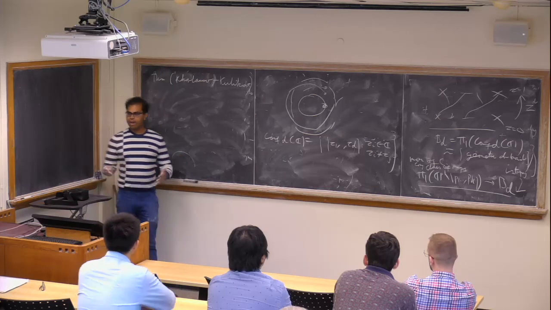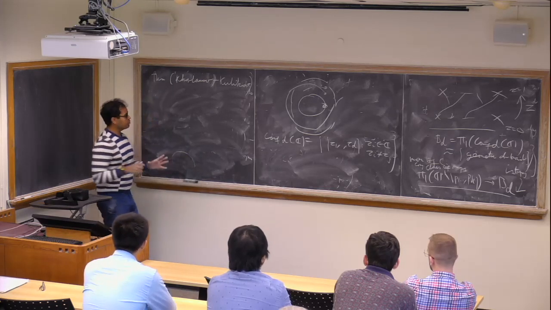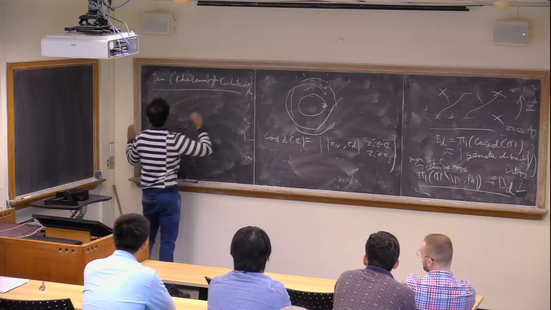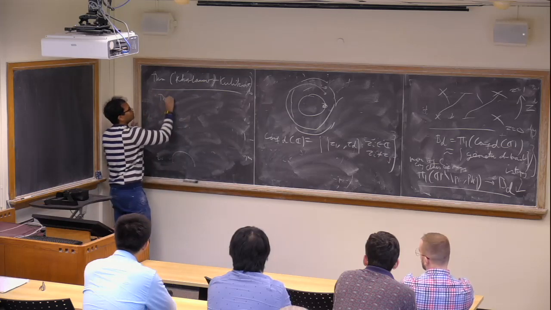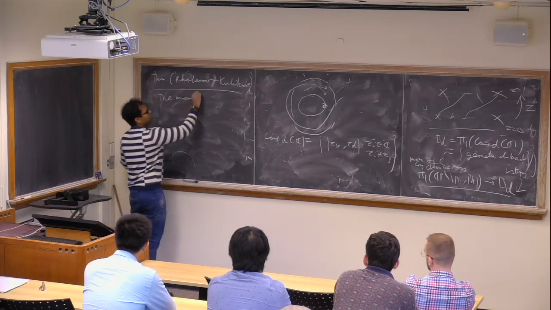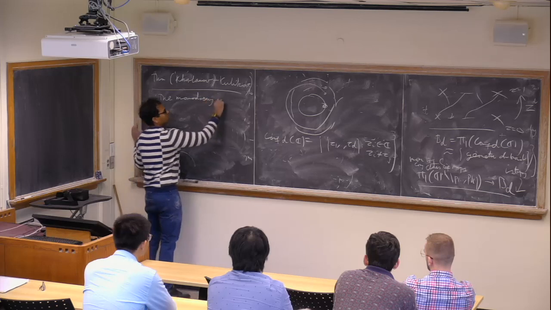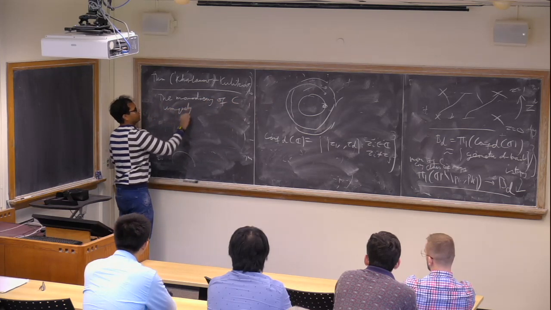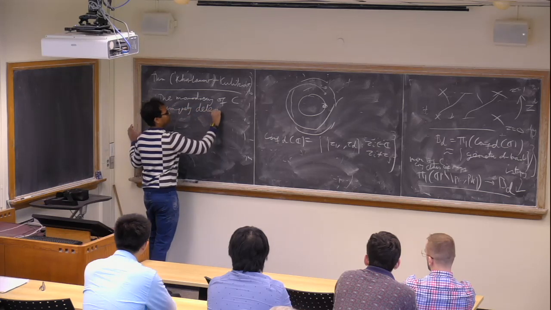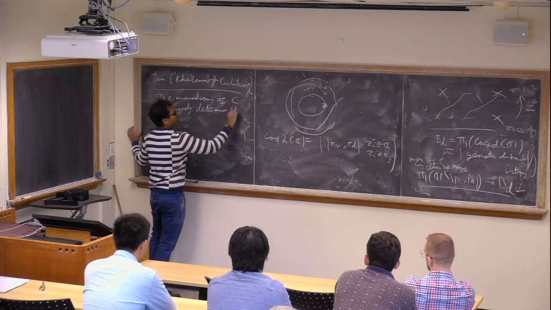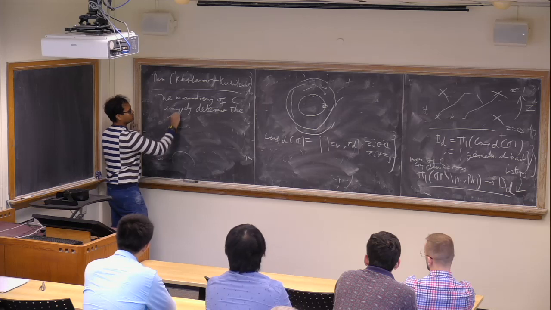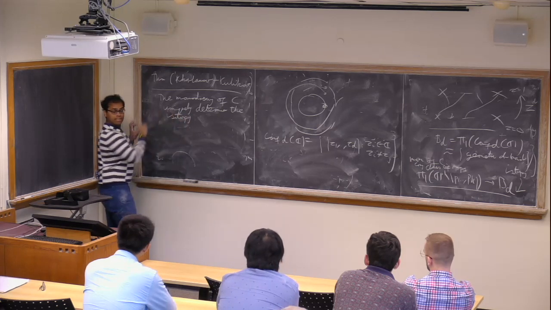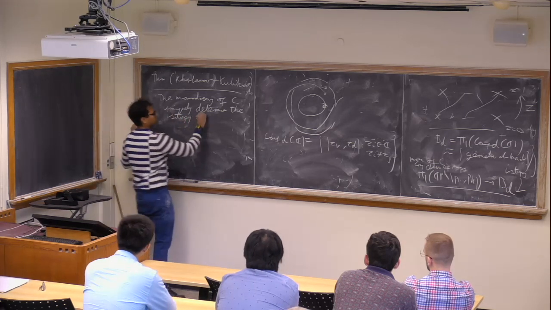In the smooth category, you have to do some work to make sure everything works out well. But this is what Kharlamov and Kulikov did. They proved that the monodromy of C uniquely determines the isotopy class of C. The symplectic isotopy class? Yeah, the symplectic isotopy class of C, that's right.